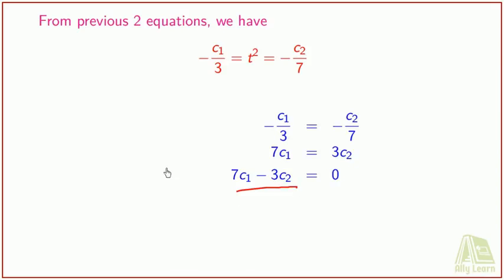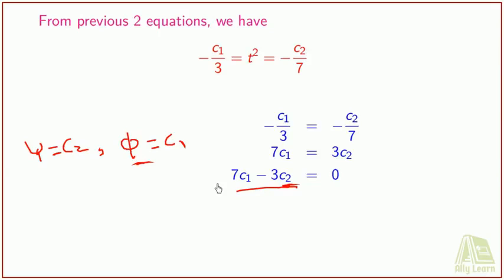Now, as you must be remembering, I had phi equals C1 and psi equals C2. So what I am doing next is putting phi instead of C1, and psi instead of C2.